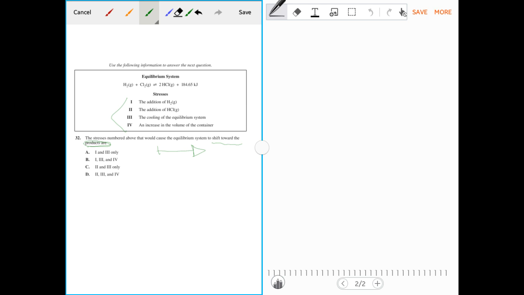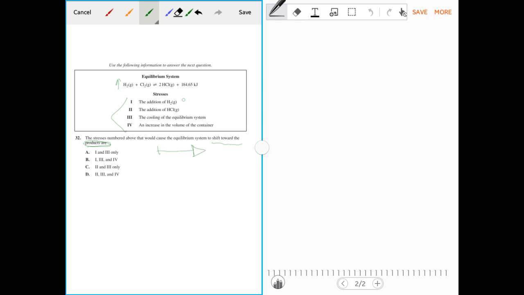So the addition of H2 gas is the addition of reactant. So if we increase the amount of our reactant, we would cause an increase in the product. So if we increase reactant, we increase product.